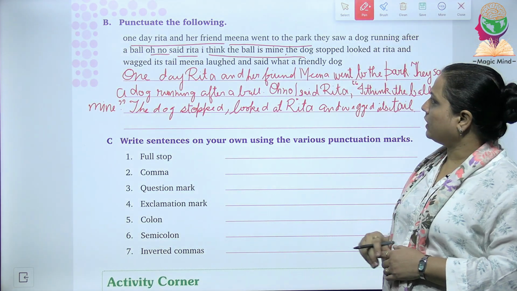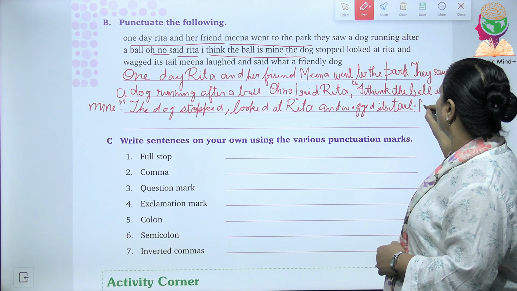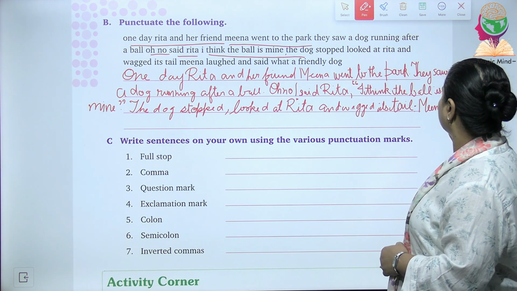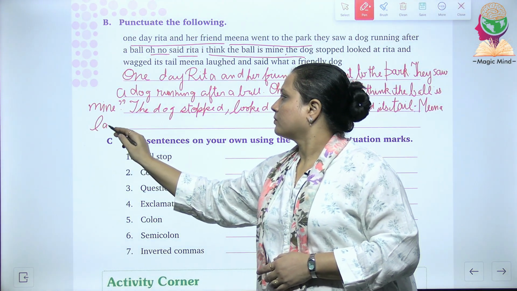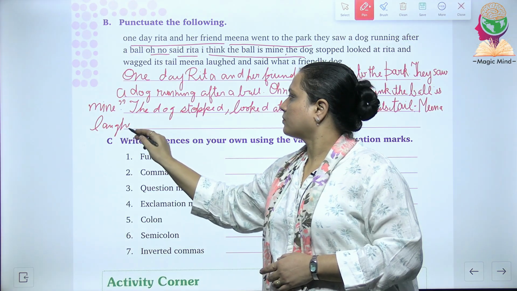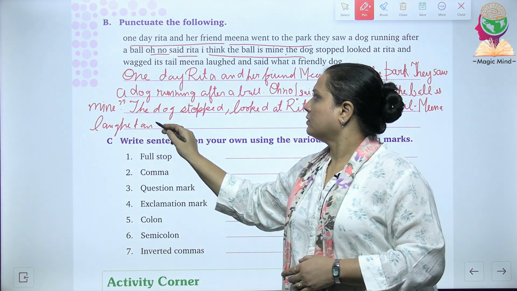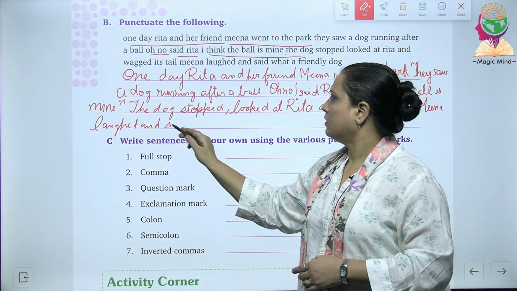So we will begin with capitals, Meena laughed and said.